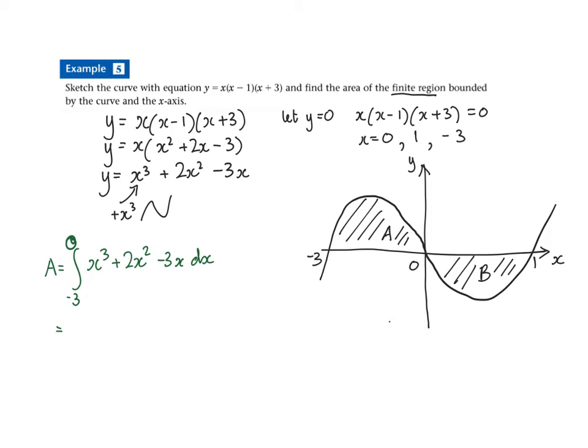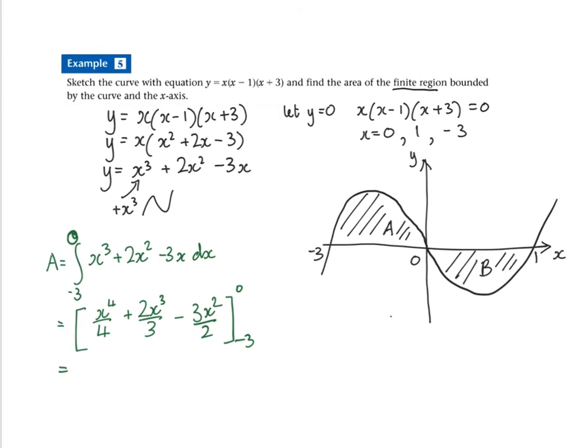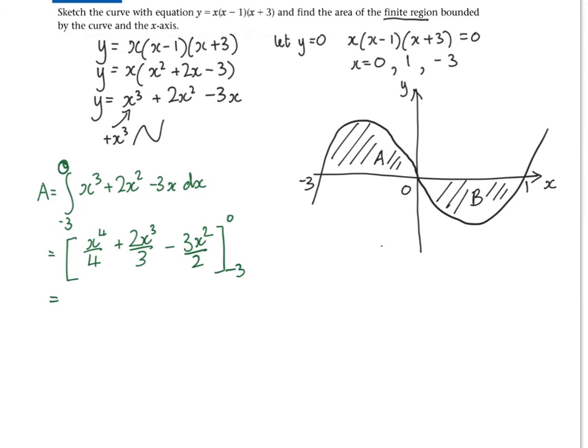So let's integrate that. That's x to the 4 over 4 plus 2x cubed over 3 minus 3x squared over 2. And that's in between minus 3 and 0. When we substitute that in, if we put 0 in first of all, we're going to get 0.